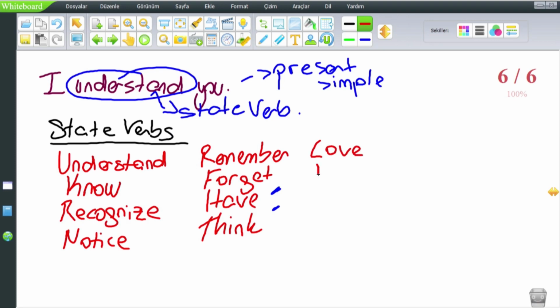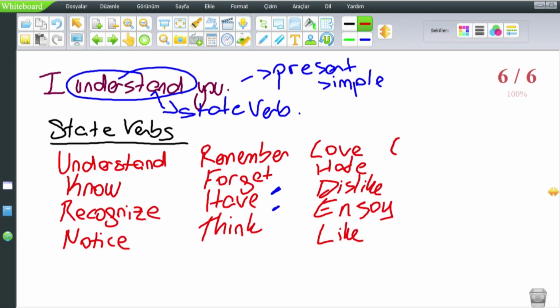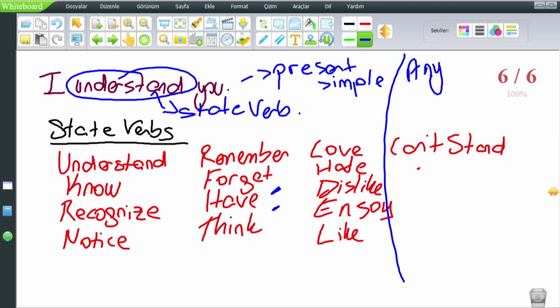And all the other verbs that express feelings. Love, hate, dislike, enjoy, like, can't stand. Okay, these are the most common state verbs that we use. And we cannot use these verbs in any progressive.